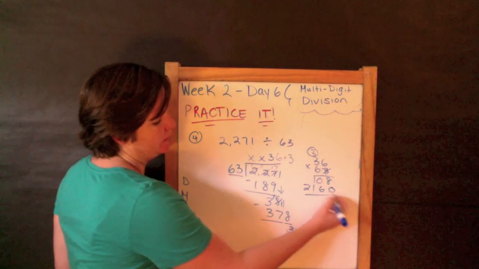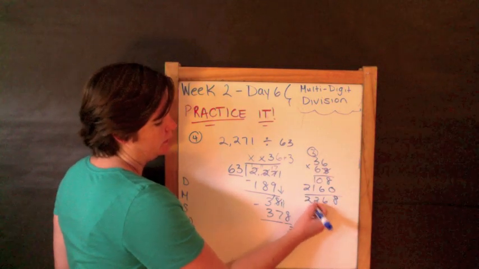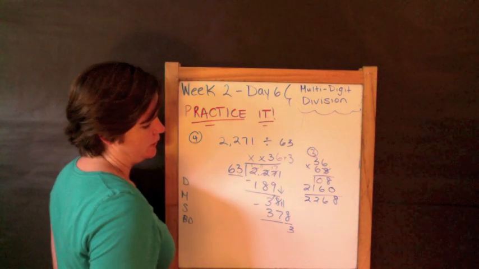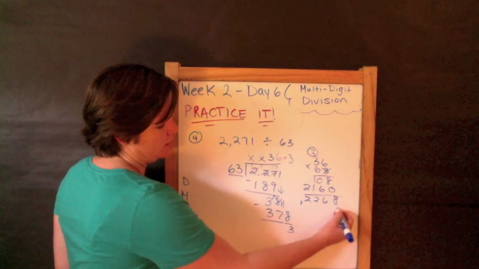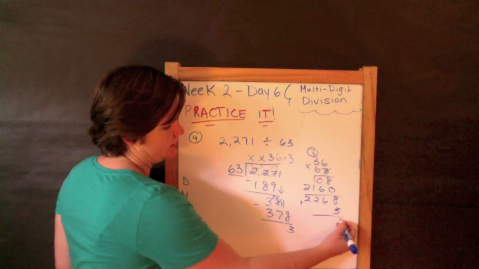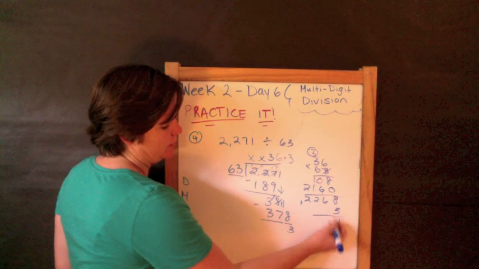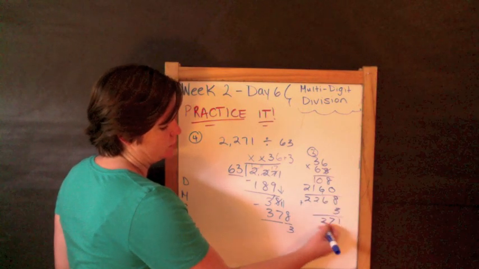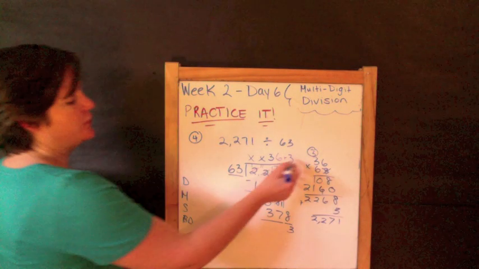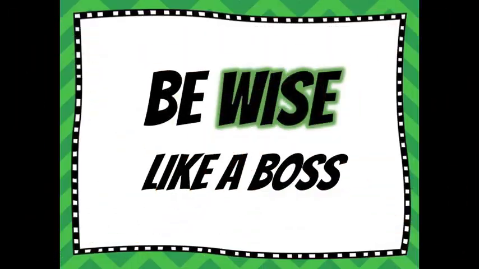All right, add them up. Yep, and then we add 3 to get 2,271. That's 11, 7, 2, 2. So that works. 36, remainder 3.